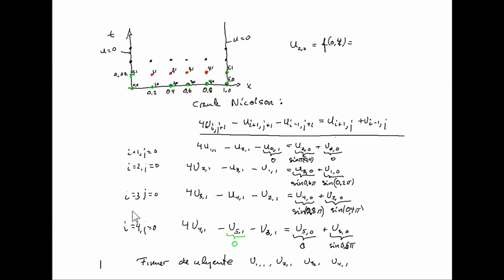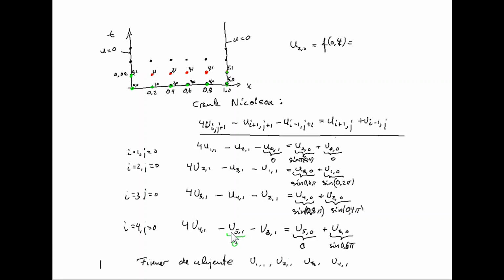The third equation is similar. For all these equations we write j equal to 0 because we must start on the lowest row, and we write here the final equation for i equal to 4. Then we obtain this. And now on the right hand side we know one of the values.